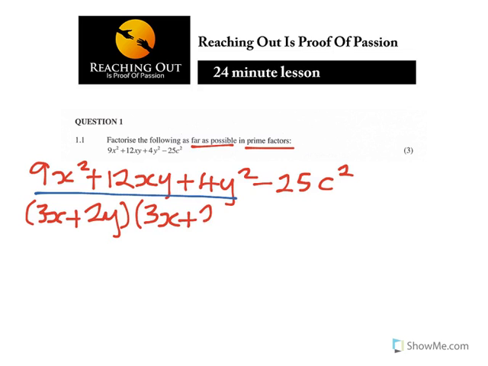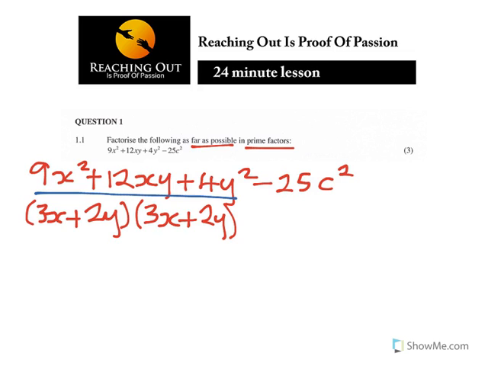If you expand this, 3x times 3x is 9x squared. 3x times 2y is 6xy, plus 2y times 3x, which is 6xy. So 6xy plus 6xy is 12xy. 2y times 2y is 4y squared.